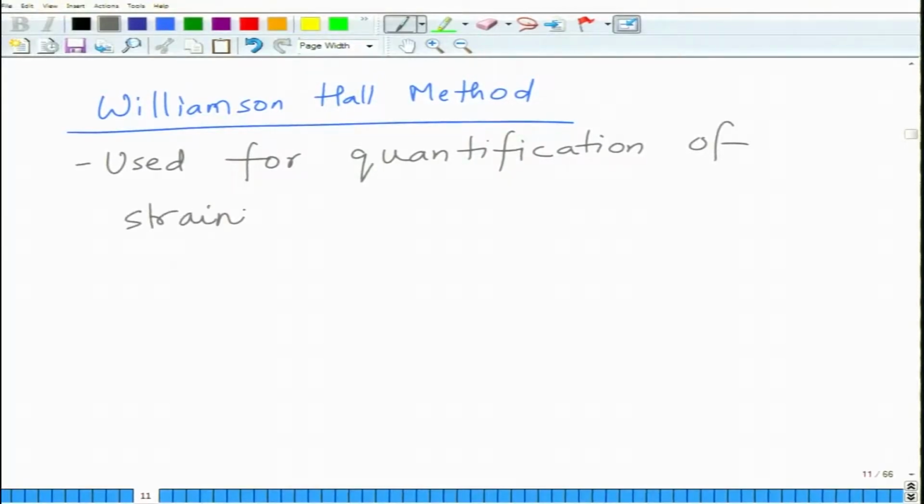Used for quantification of strain. Also, since non-uniform strain leads to broadening and particle size effect also leads to broadening, you need to distinguish between the two.